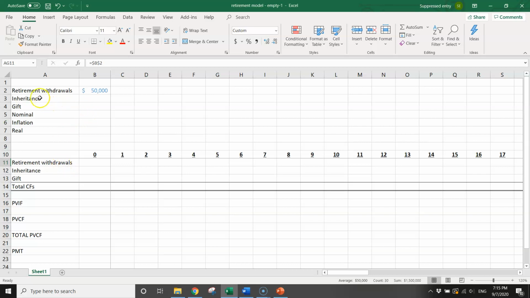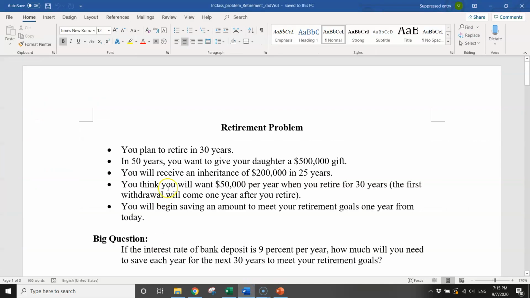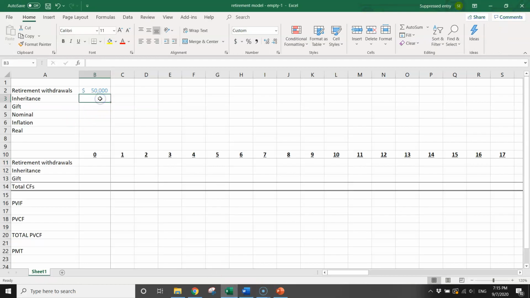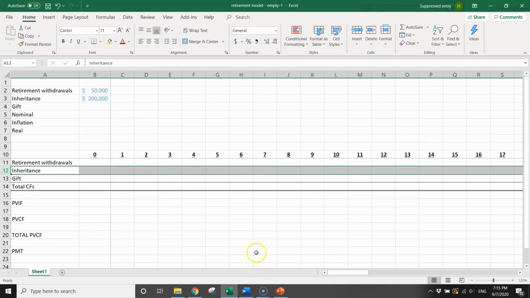Now I want to do the same analysis for the inheritance cash flow. Let's go back to the original problem. In year 25, you will receive an inheritance of $200,000. So now we can type the parameter here. That is $200,000. Okay, and we want to go to the row 12 to type the cash flow there.